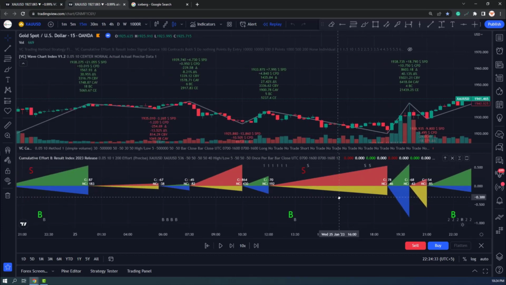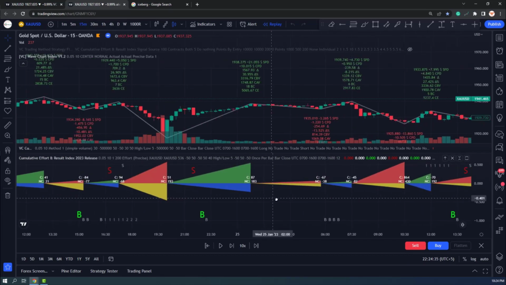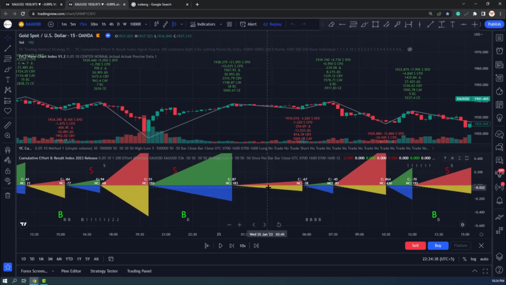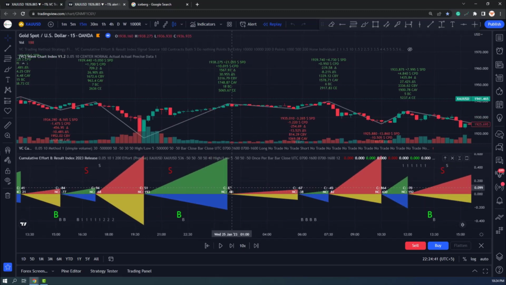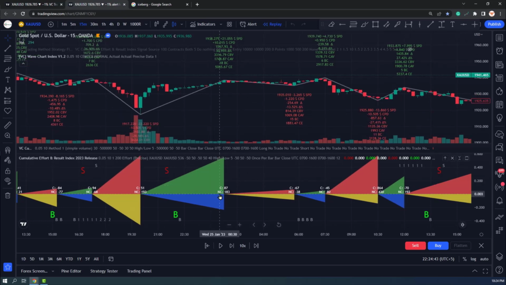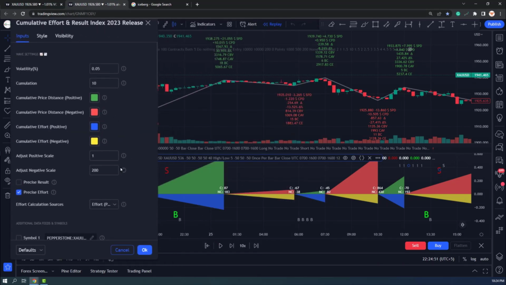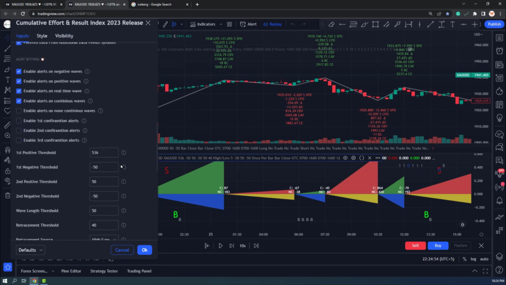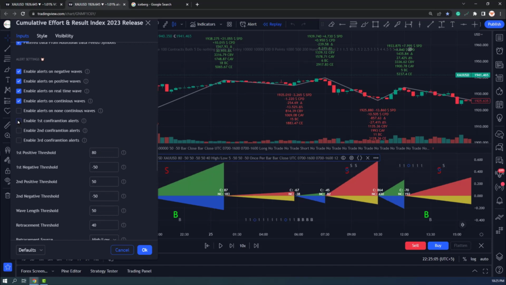Let me give you an example here. You see here, the continue result is 87. So if we want to be notified and receive alerts based on this, if I put like 80, and if I check the first confirmation, it will give us the first confirmation here.